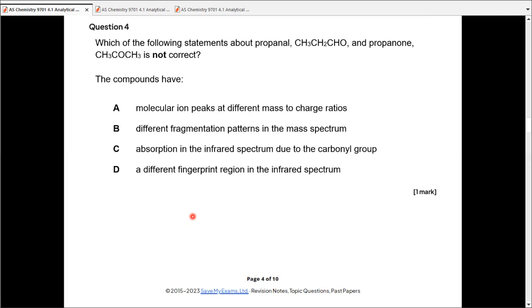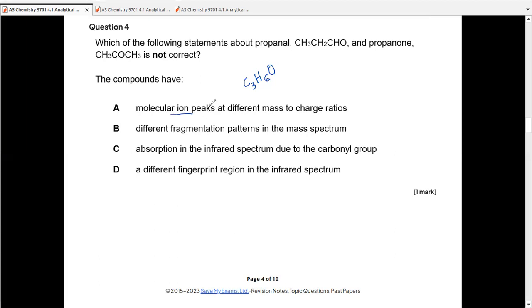But why is A an incorrect statement, being the correct answer? Molecular ion peaks at the same mass to charge ratio would be the correct line, right? If we talk about molecular ion peaks, you'd notice that both of them are C3H6O.